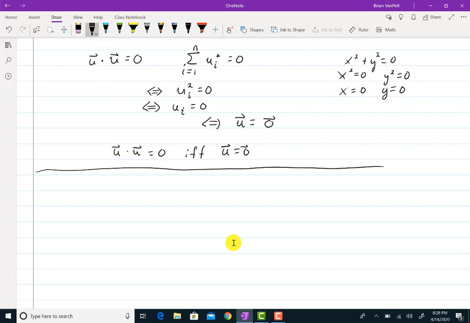Now, you're used to this. The distance between x and 0 on a number line is given by this notation.